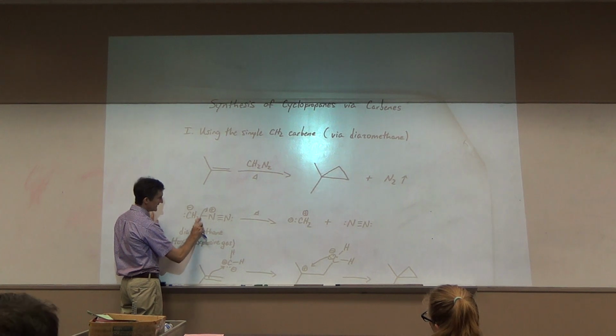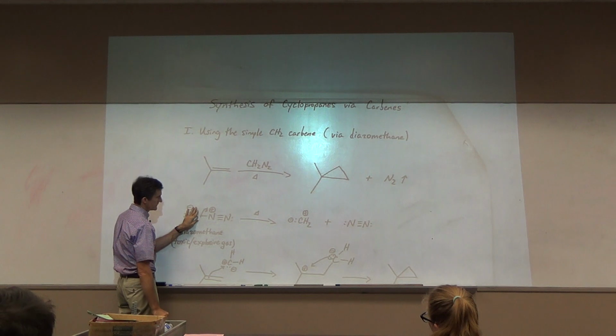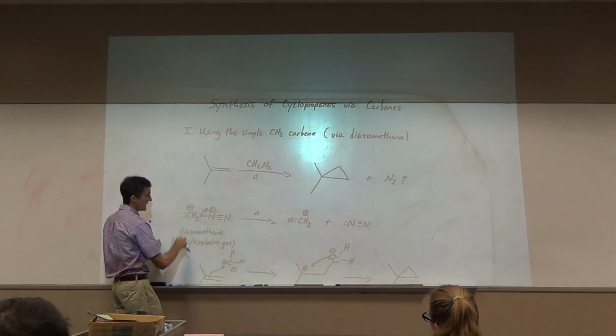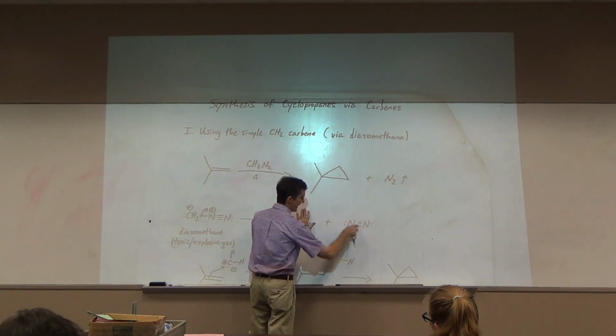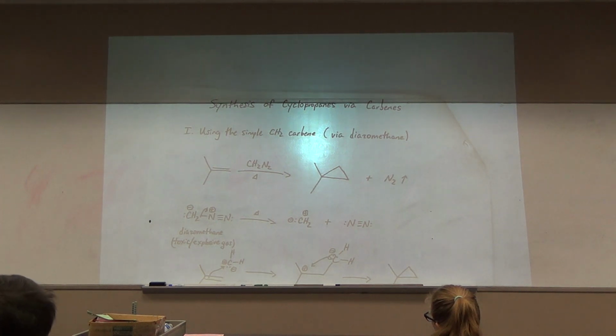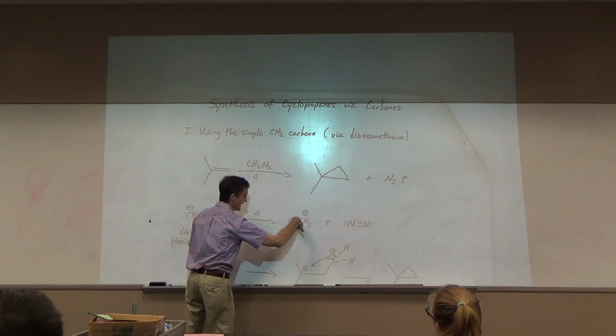It can leave, take these electrons, become a lone pair, and now it's no longer bonded to this CH2 group. Well, now that is nitrogen gas. It's just N2. You're breathing it right now. But it leaves behind this guy.